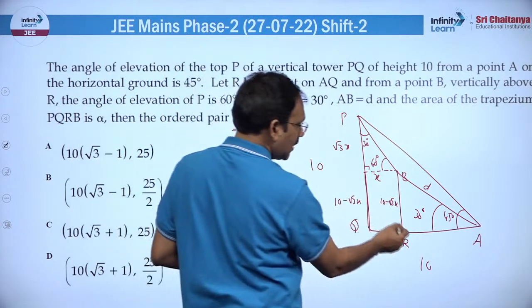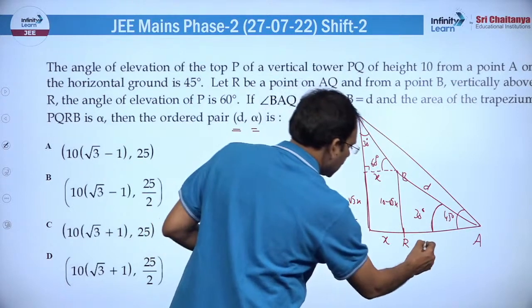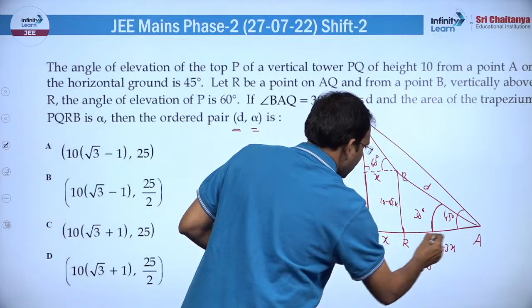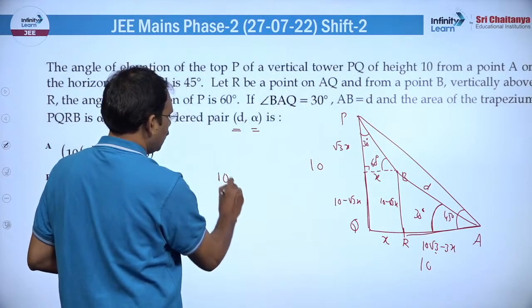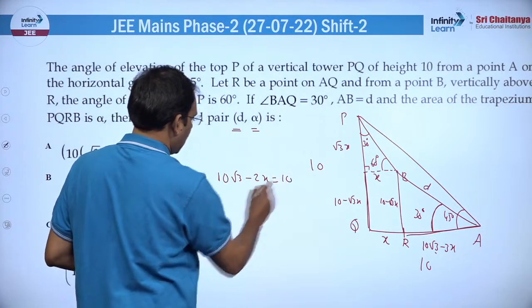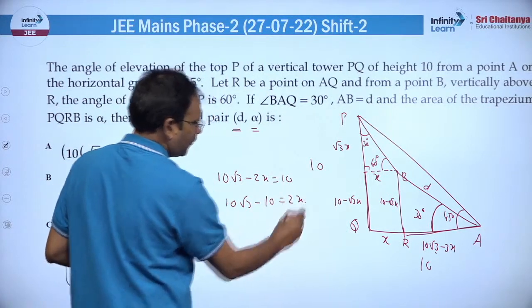If this is 10 minus root 3x, this is 30 degrees, in the sense it's root 3 times, that is 10 root 3 minus 3x must be here. So this plus x must be 10, that is 10 root 3 minus 2x is equal to 10. 10 root 3 minus 10 is equal to 2x, my dear friends.